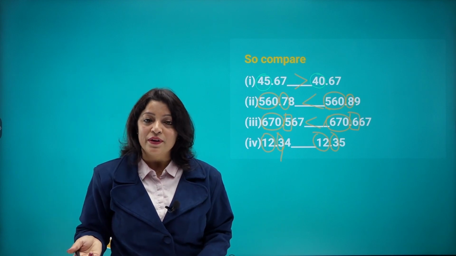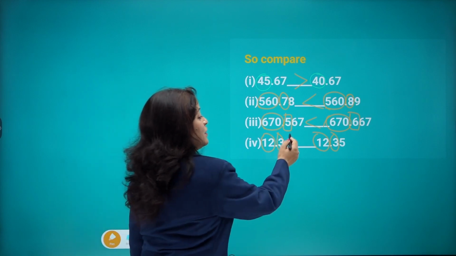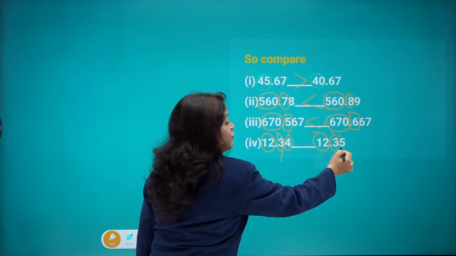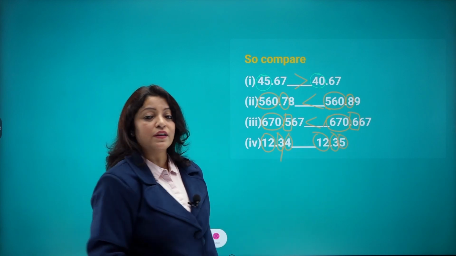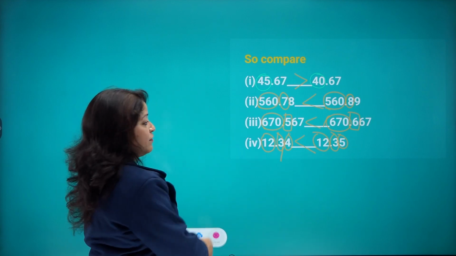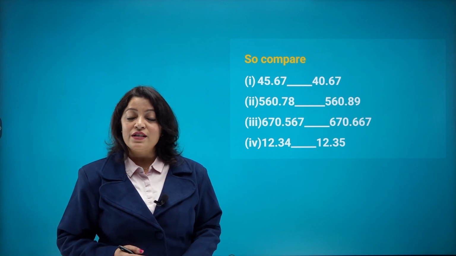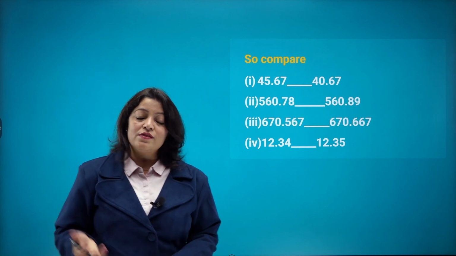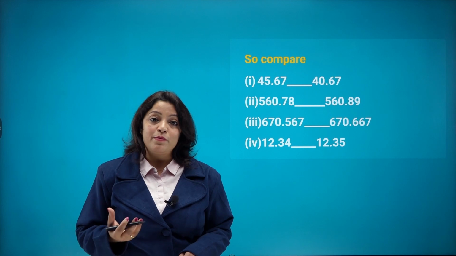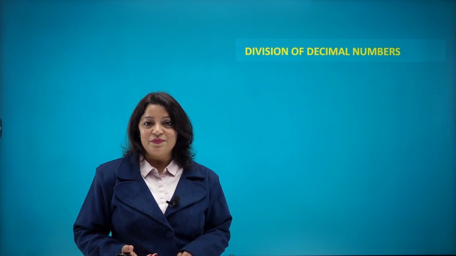So what will you compare? You will compare the next digits now. Compare 4 and 5, which is greater? 5 is greater. So we will say the number 12.35 will be greater than 12.34. So do different comparisons, assume certain decimal numbers on your own and compare them yourself as well.